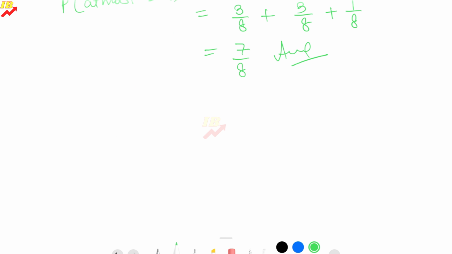Okay, now let's take another case. That next case, let's write it case 2 here. And this case is of dice. You guys might have played Ludo, right? So in Ludo, you have a dice to play with in which you will get few numbers written on it, right?